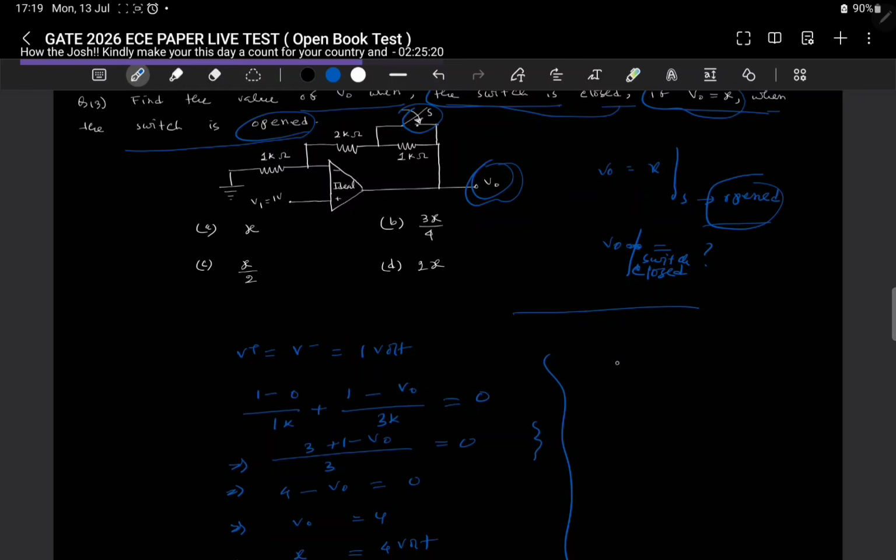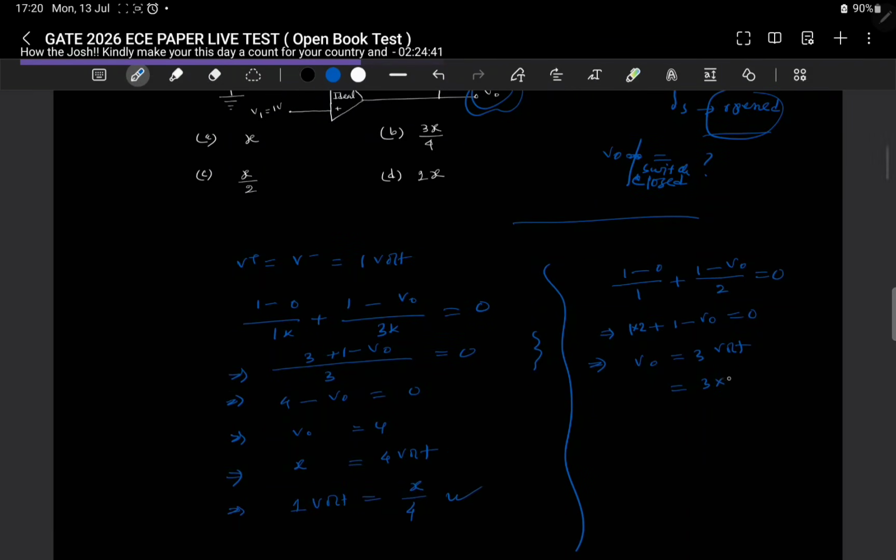So that time again if we use the nodal, plus 1 minus VO by 2 equal to 0, 1 plus 1 into 2, 1 minus VO equal to 0, VO equal to 3 volt, and 1 volt equal to X by 4.